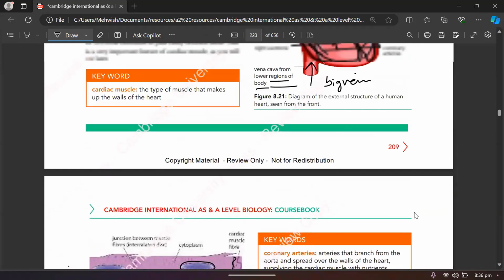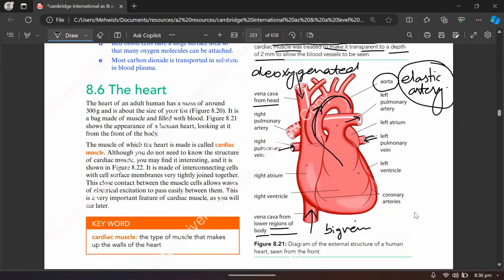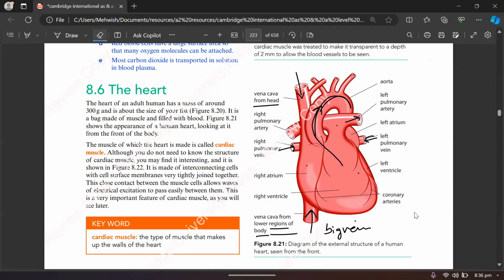So what do we mean by coronary arteries, Alize? What are coronary arteries? Alize, I asked you, beta. Ma'am, arteries which supply oxygen and nutrients directly to the cardiac muscle.